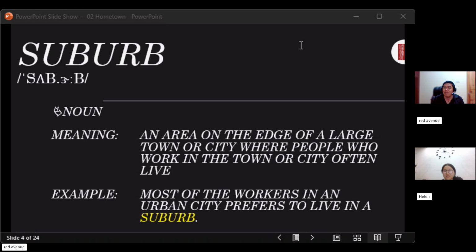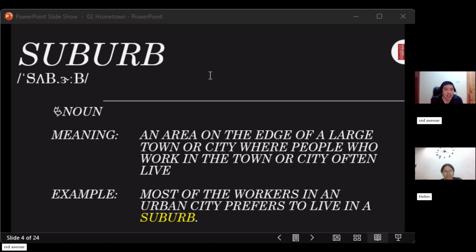Can you please write it for me? Because I know that's a difficult spelling. Quang Ngai. This is the city, right? Yes. It's all in Vietnamese.